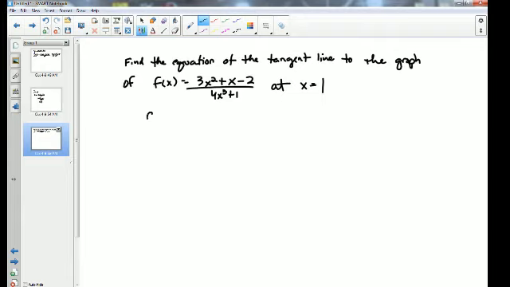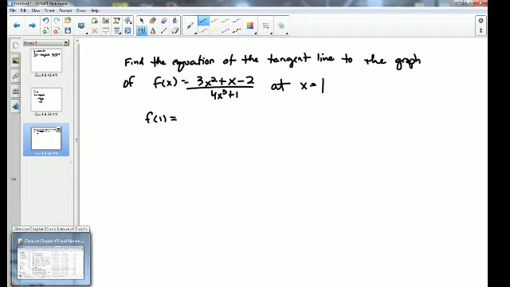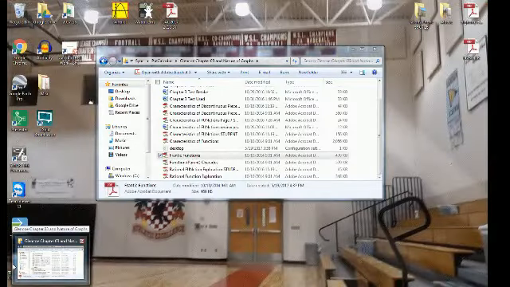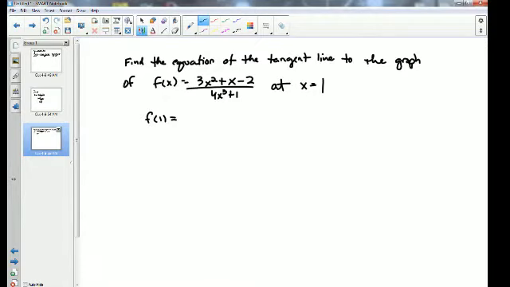So we can do f at 1 first. It's easy. Anybody disagree? Nope, me either.